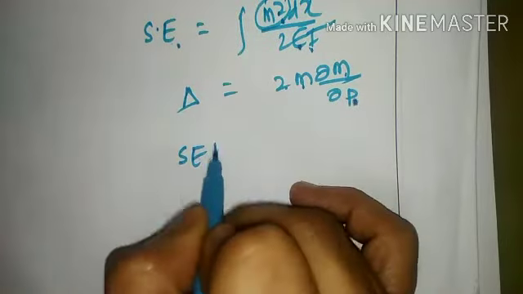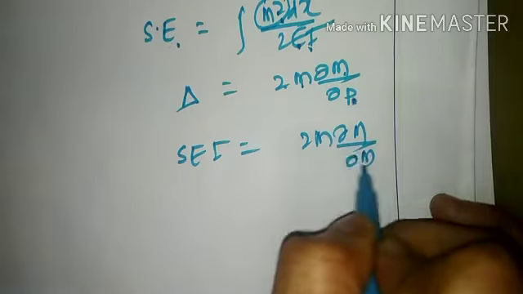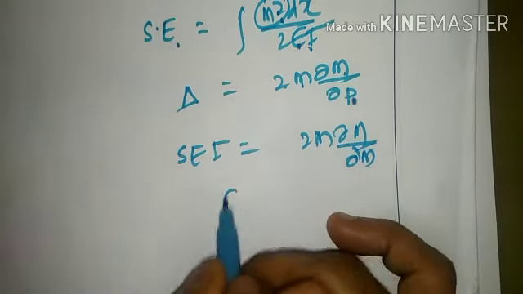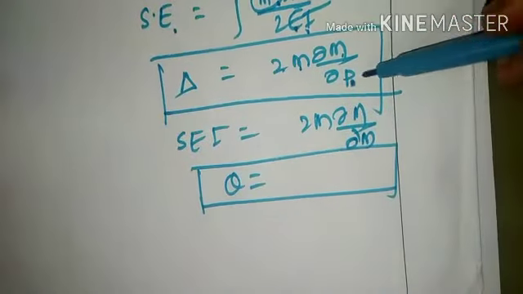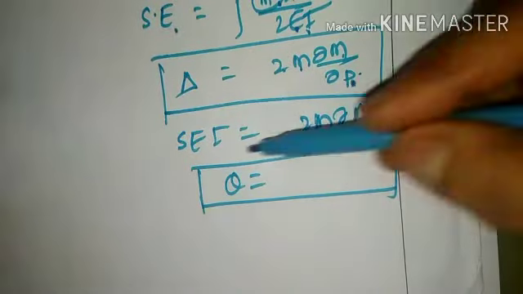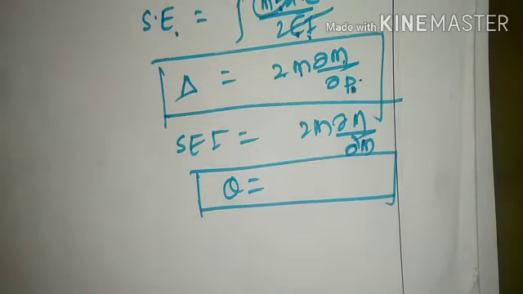Likewise, when I partially differentiate the same strain energy with respect to a moment, I will get the slope. Now, what is the hard and fast rule to relate P to delta and M to slope? Always, a load or force will create a displacement, and a moment will always create a curvature.